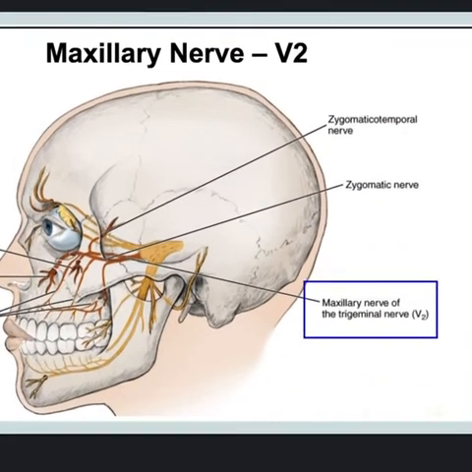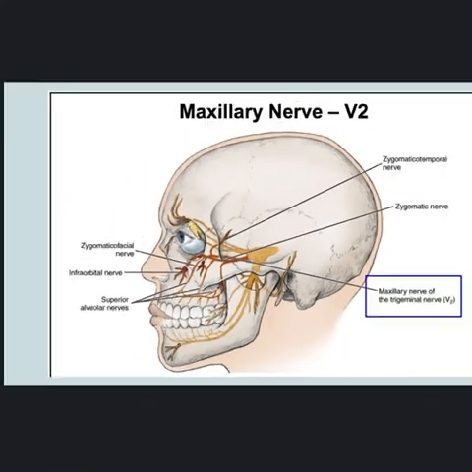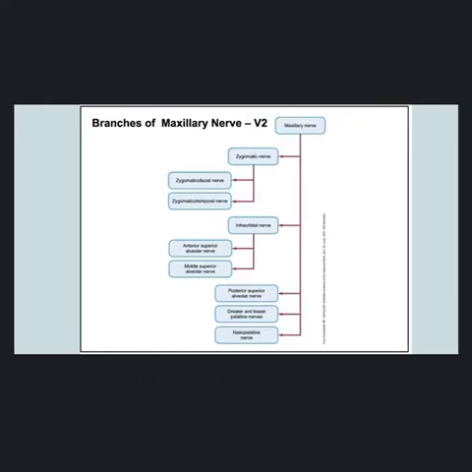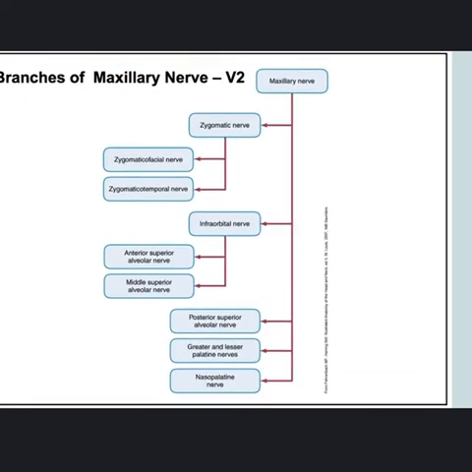So here is the maxillary nerve right here of the trigeminal, that orange part. All right, so the branches of the maxillary nerve, sorry, I'm trying to zoom in. So the main branches are the zygomatic, the infraorbital, the posterior superior, the greater and lesser, and the nasopalatine.